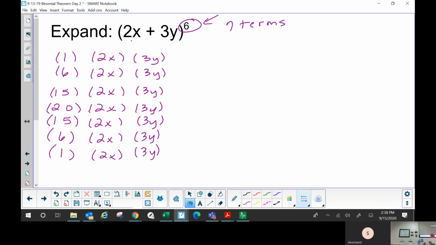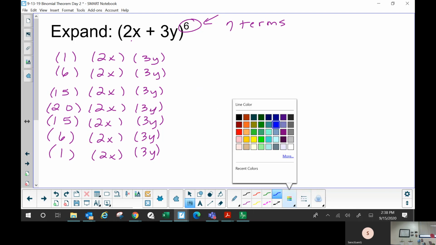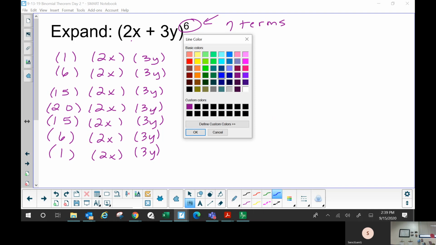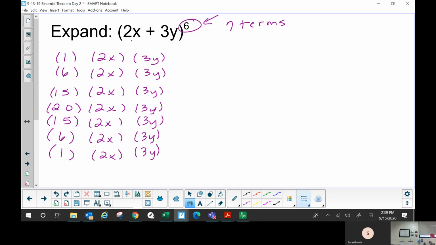Okay, now let's fill in our exponents. Okay, so we start at 6 and work our way down. 6, 5, 4, 3, 2, 1, 0.